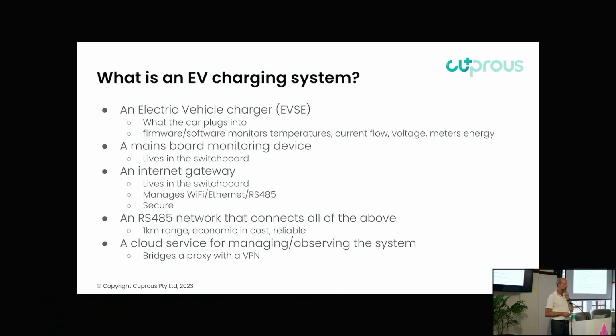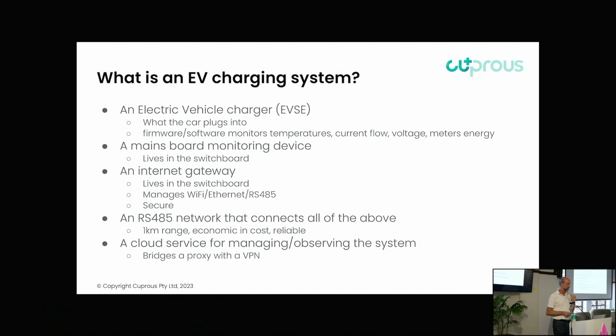Then we have what we call a mains board monitoring device. So the EV chargers, plural, we can have many in our network. They obviously are located near the car space, but then the monitor board sits in the main switchboard, and that monitors things in there, such as mains load, PV output, and so forth, right?